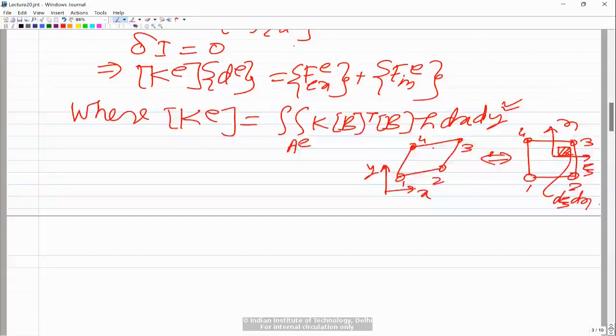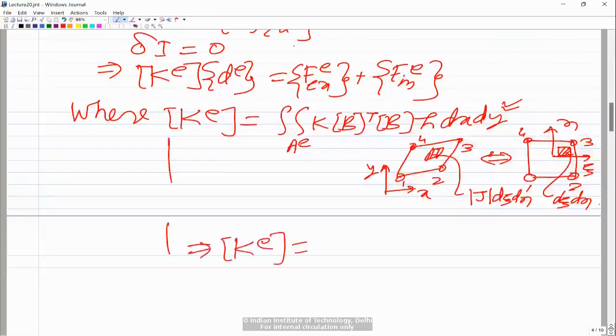This area then would be equal to, I'm not giving the proof, the determinant of the Jacobian matrix. The two vertical lines denote the determinant. So it would be equal to determinant of J times d xi d eta.